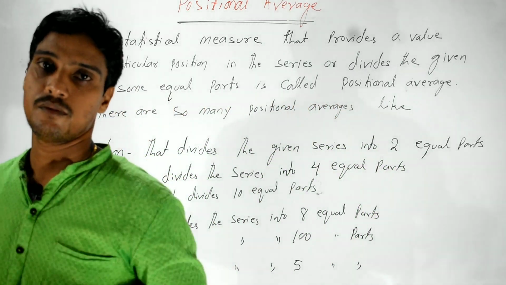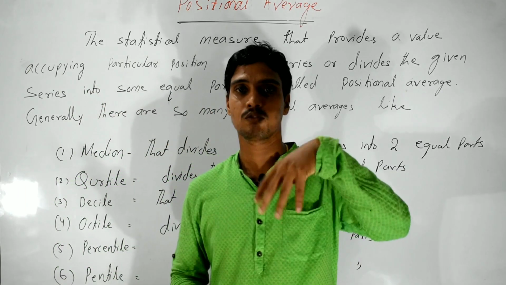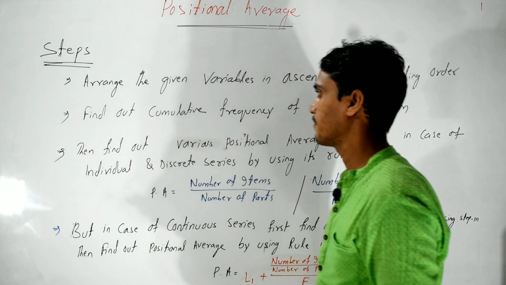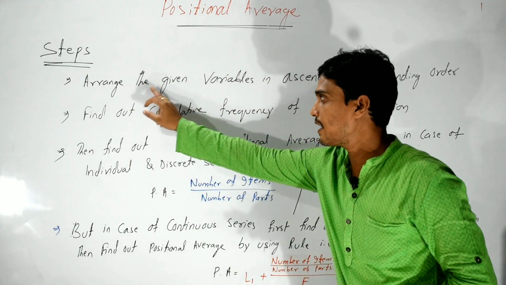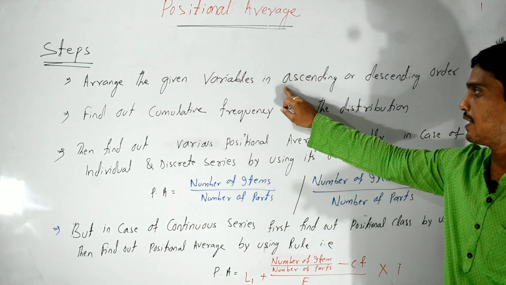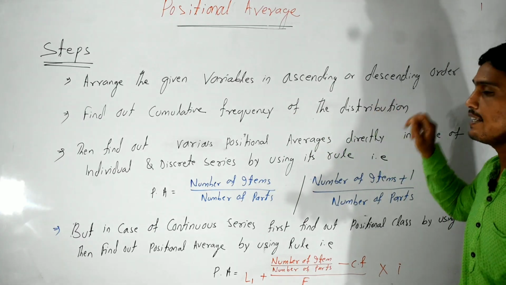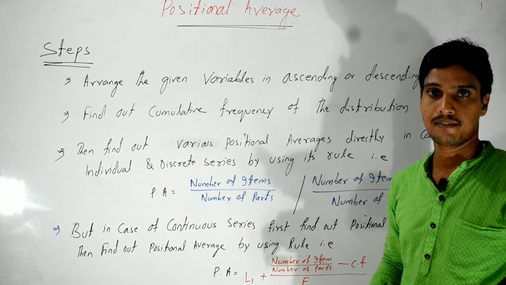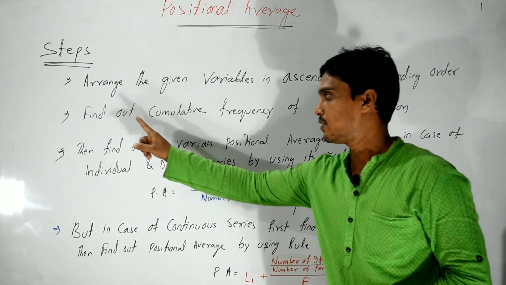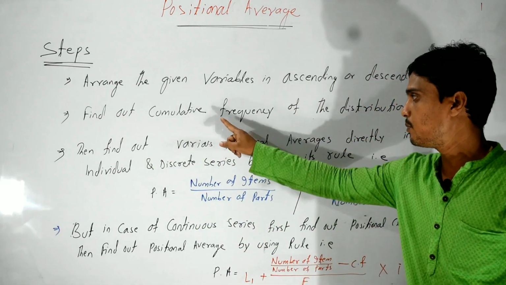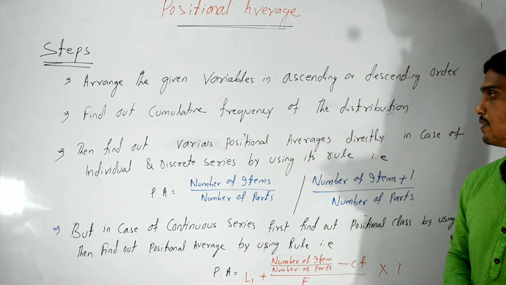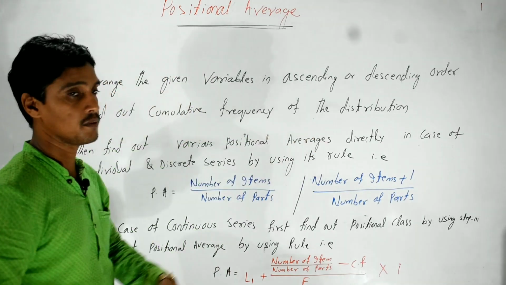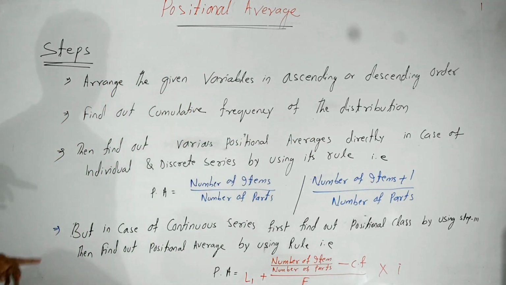So now we should know what the steps are. Our first step is to arrange the given variables in ascending or descending order. Then the second step is to find out the cumulative frequency of the distribution.